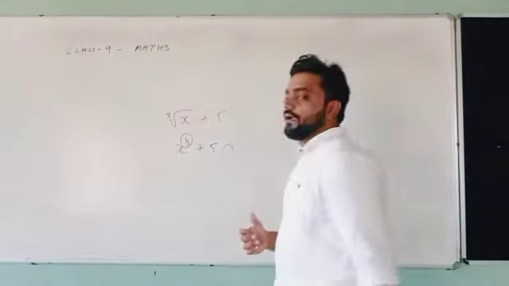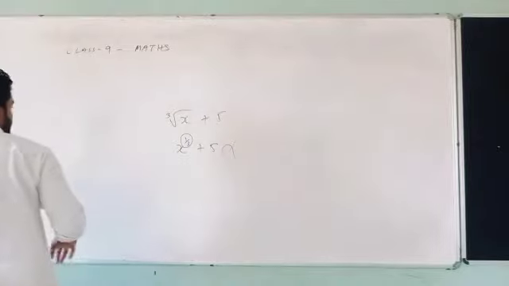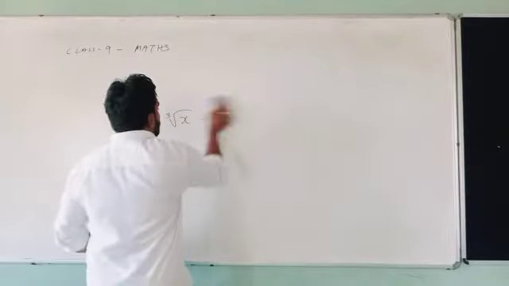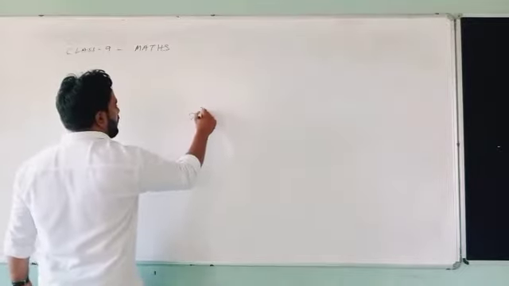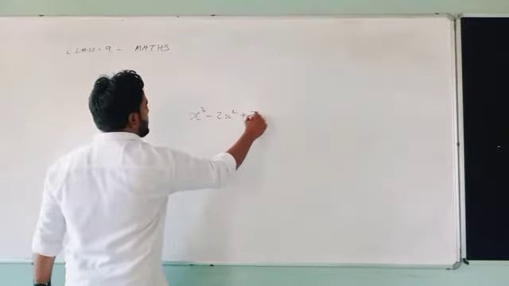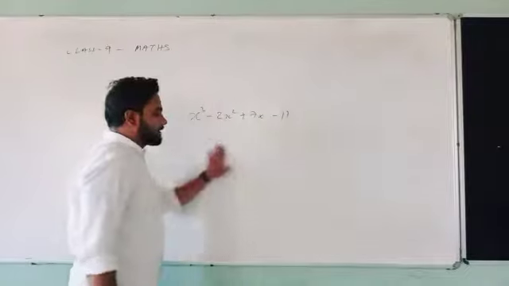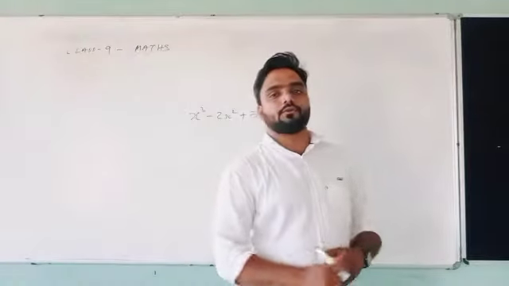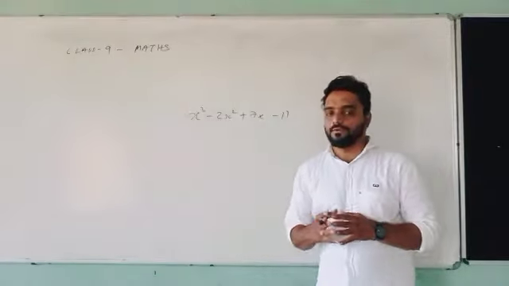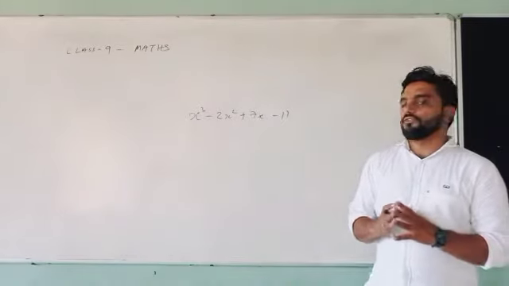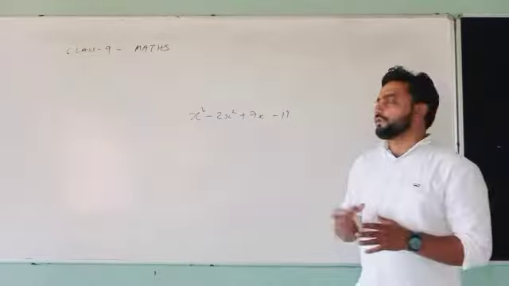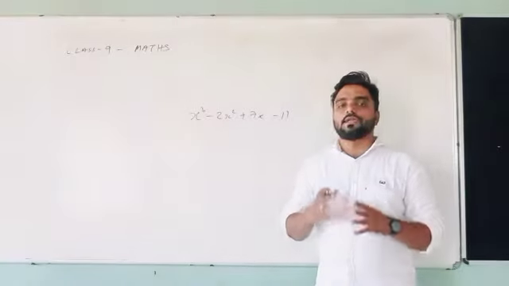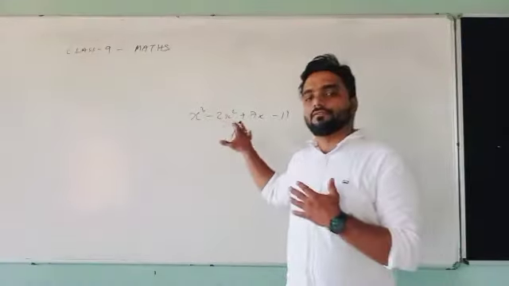Now the next thing is the degree of a polynomial. What do you mean by the degree of a polynomial? Suppose I am writing x cube minus 2x square plus 7x minus 11. Suppose this polynomial is given to you and I ask what is the degree of this polynomial.